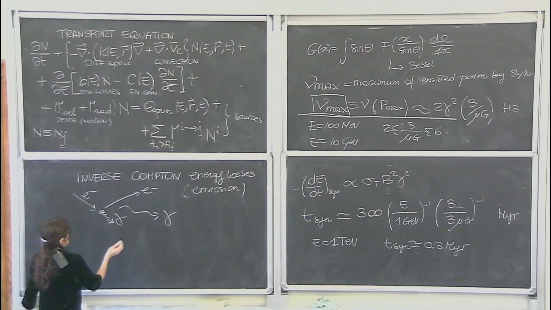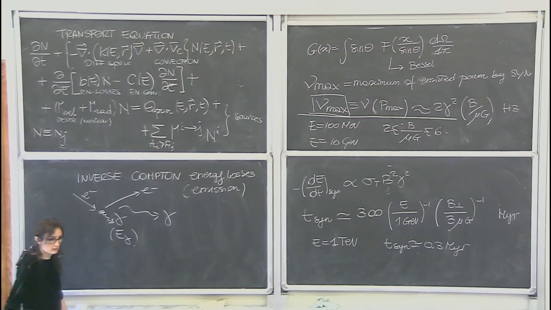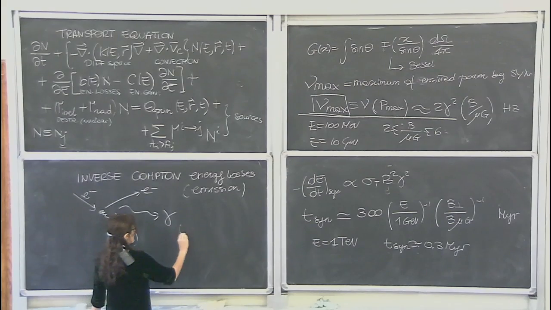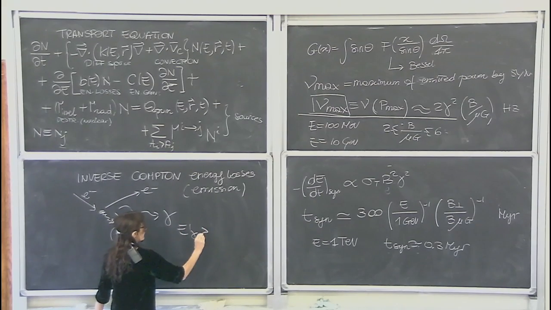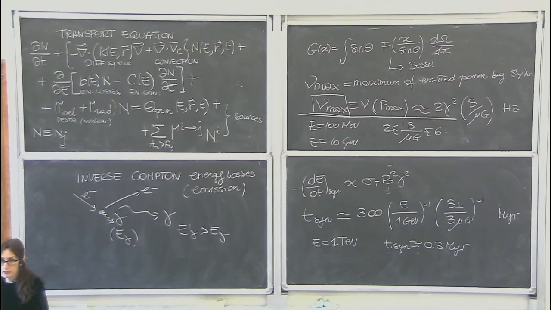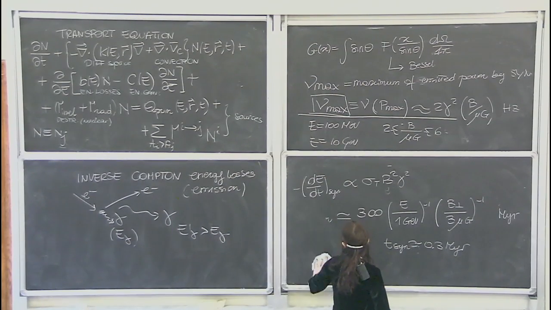So the target photon has an energy E, and the final state photon has an energy E prime greater than E. So it is a process by which very energetic leptons transfer energy, upscatter a population of photons. So it is inverse just because of the energy transfer.